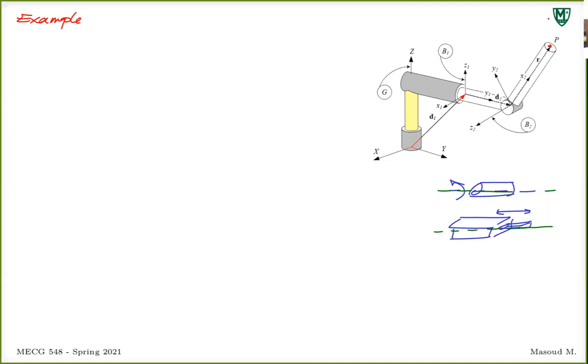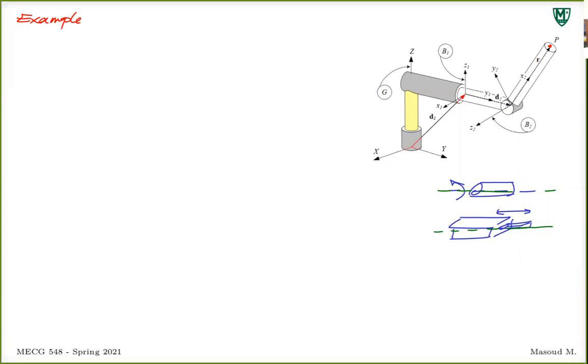Let's say you have some pick and place arm. That's where your end effector is, and that end effector, let's say, is a gripper. It can pick something, move it somewhere else, and drop it there. Now, we want to find the coordinate of that point P in global coordinate frame G.